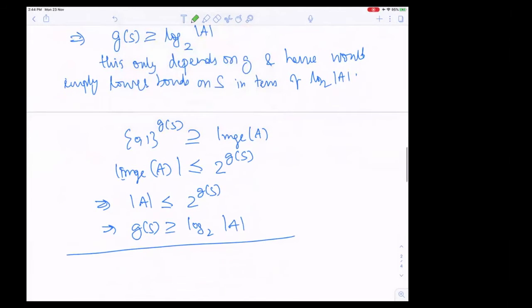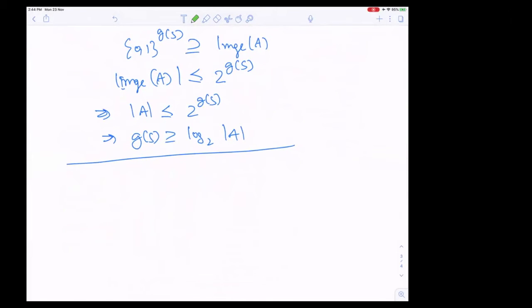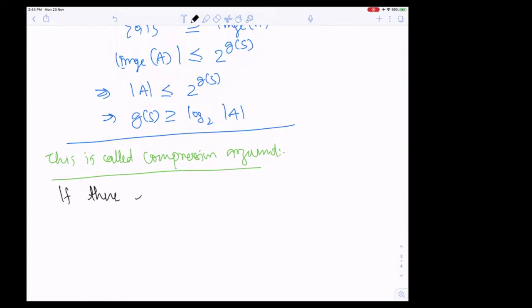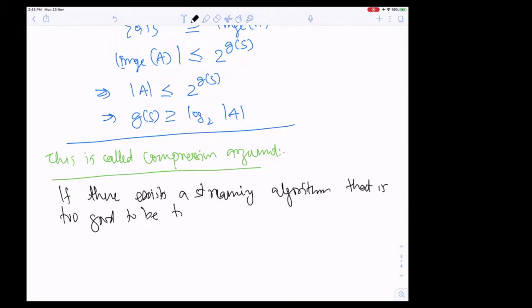Well, basically this is called a compression argument because what it says is that if there exists a streaming algorithm that is too good to be true, then we can compress a large set A into a smaller one, right?